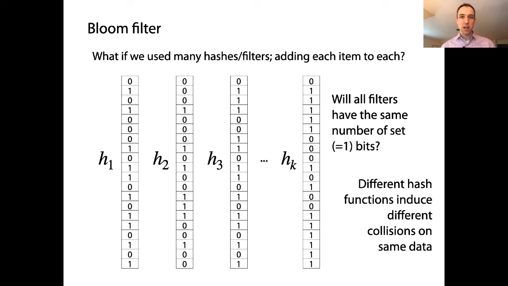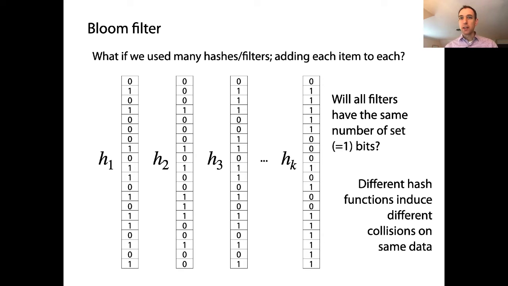If I apply this procedure, in other words, I have k Bloom filters, k bit vectors, and a set of objects comes in and I hash every item and I insert it into all k Bloom filters. At the end of the day, will all of those k Bloom filters have exactly the same number of set bits, of bits that are set to 1?